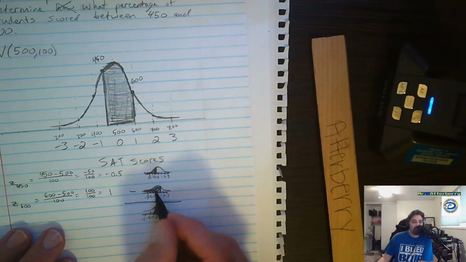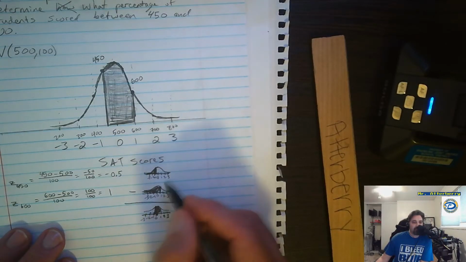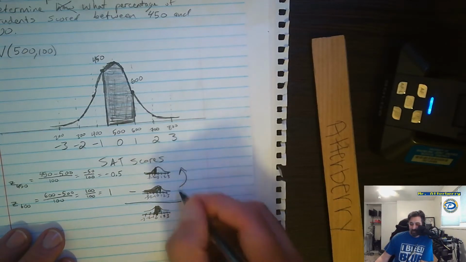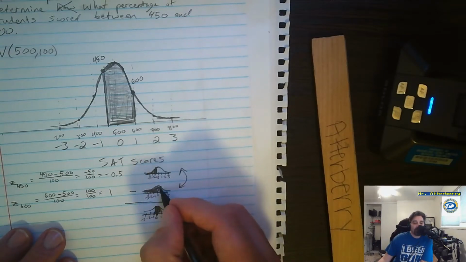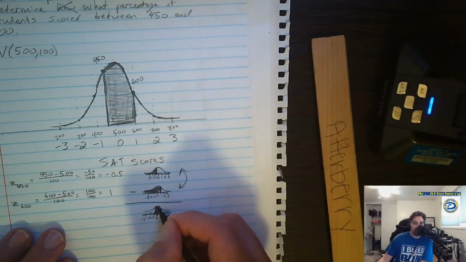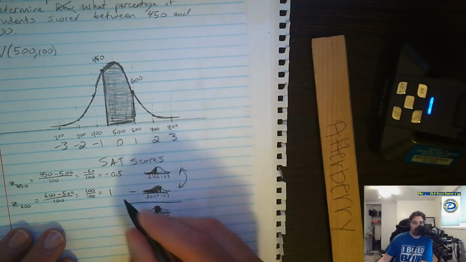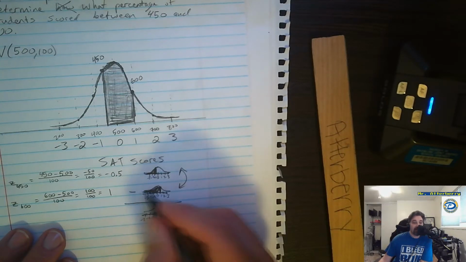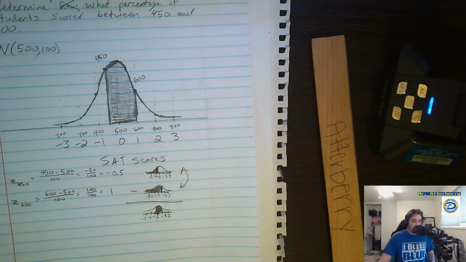So if you take this big number, you subtract this other number, you're going to get the space in the middle of that. Okay, so I'm going to go ahead and look up from the z-table how to get those numbers. So let me show you how to do that.